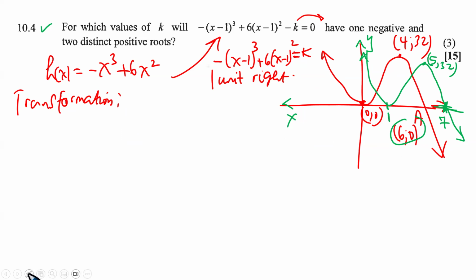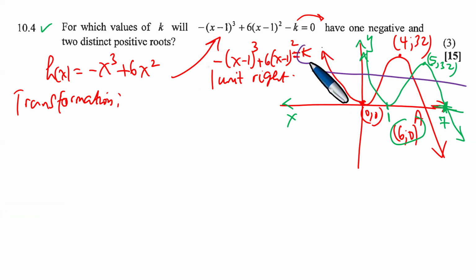So now then, what then do we have? So for which values of k will this have 1 negative and 2 distinct? So if this is equal to k, you're gonna draw, let's do it in purple. So you can draw like this, a line, okay?